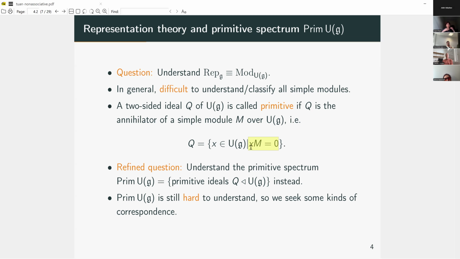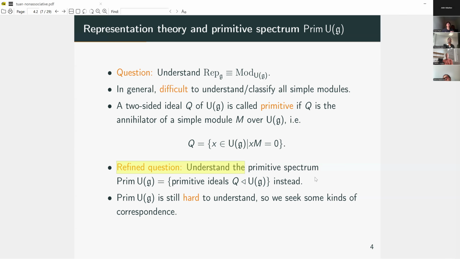This is the idea of Dixmier: instead of trying to classify or understand modules, we want to understand their primitive ideals, the things that kill them. Our refined question now is to understand the primitive spectrum Prim U(g), which is the collection of all primitive ideals of U(g).